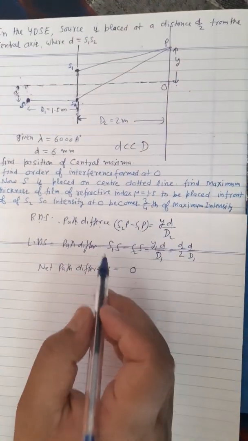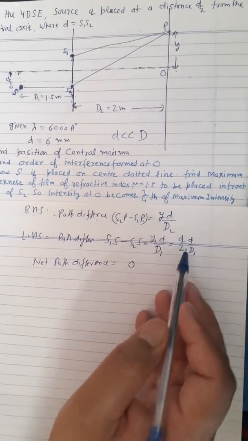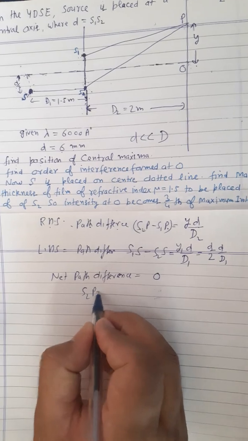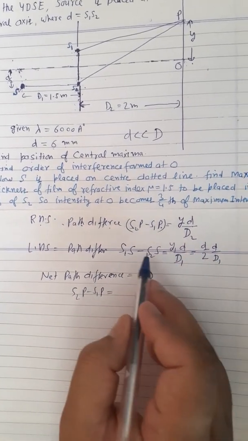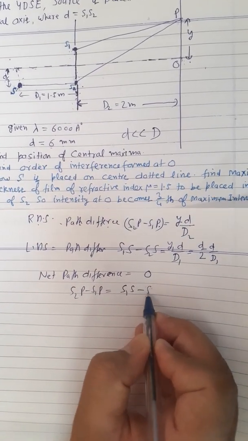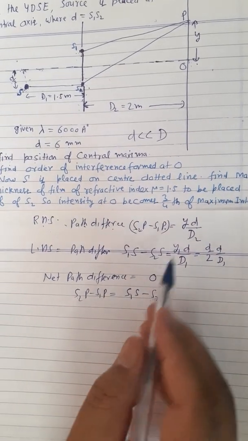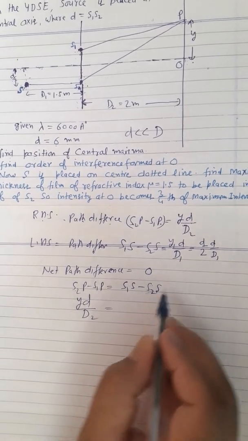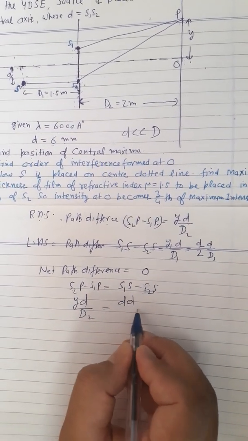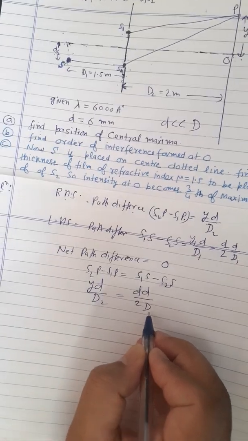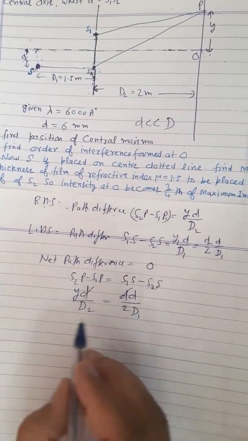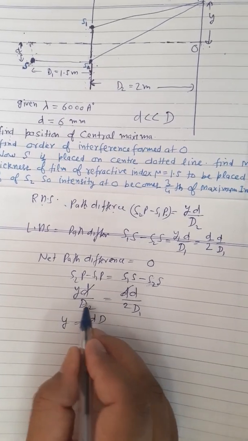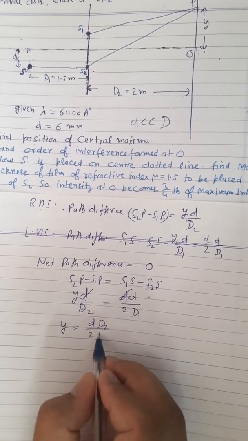That means this path difference is equal to that path difference: S2P minus S1P is equal to S1S minus S2S. So Yd upon D2 is equal to dd upon 2 D1. The d's cancel out. So Y is equal to d, this D2 comes here, upon 2 D1.